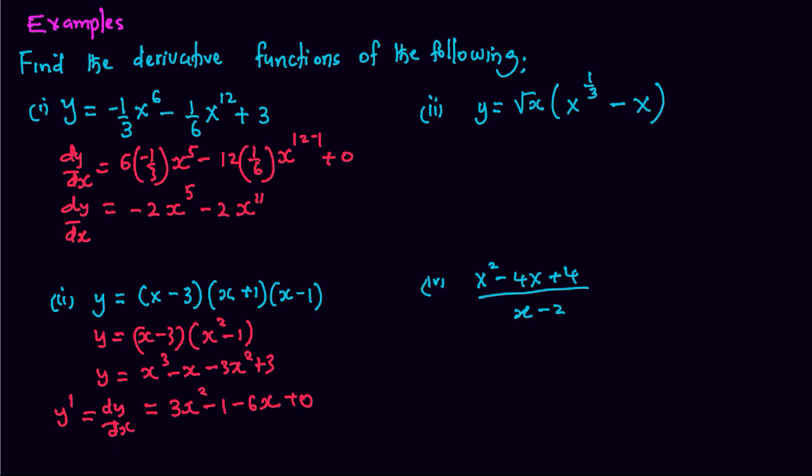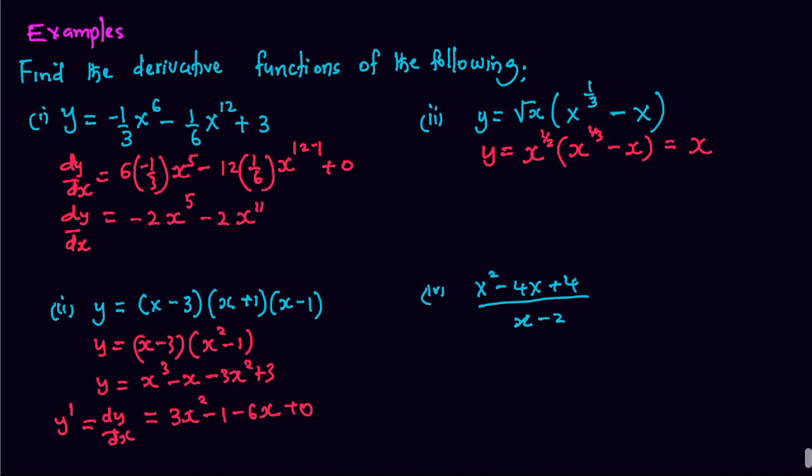In the third case, we have y is equal to, instead of the square root sign, we can raise it to power half so that all of them are in the same format. x to the half times x to a third minus x. From indices, this will be equal to x, opening the brackets, we add the fraction, we add the powers.